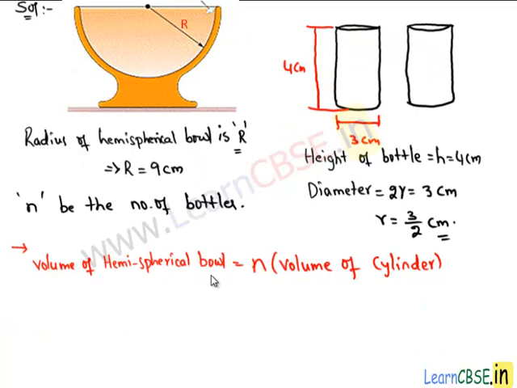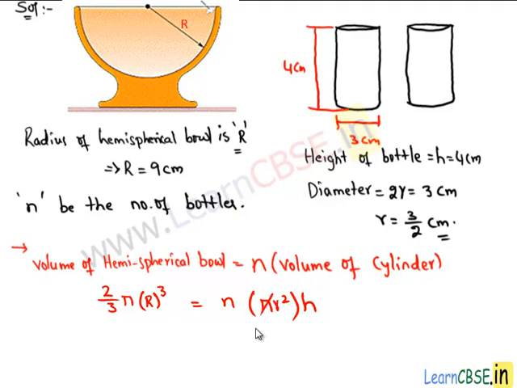Volume of hemispherical ball is equal to half volume of a sphere, that is 2/3 pi R cube, where capital R is the radius of this ball. Then the volume of each cylinder is the area of base circle, which is pi r square into its height. Let's substitute these values.